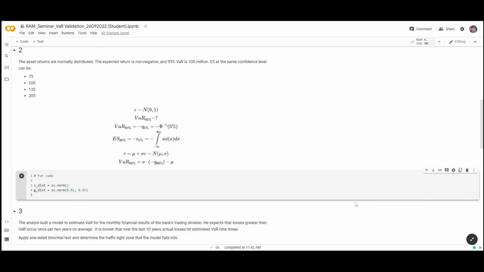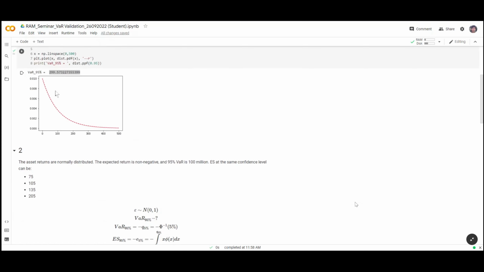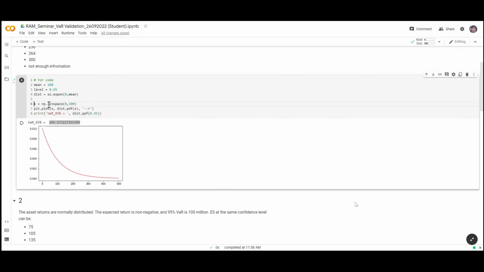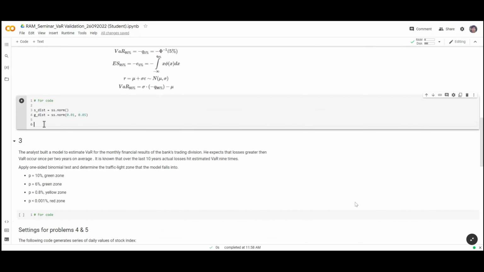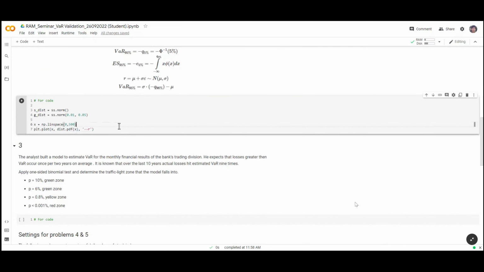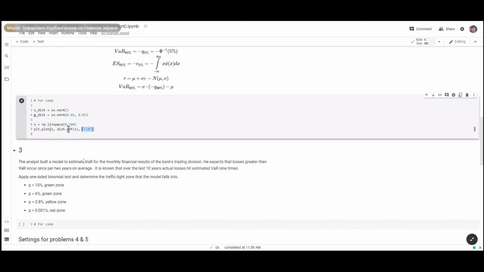Okay, so I have these two distributions. Let me briefly copy this code from above, and I'm going to show these two distributions.